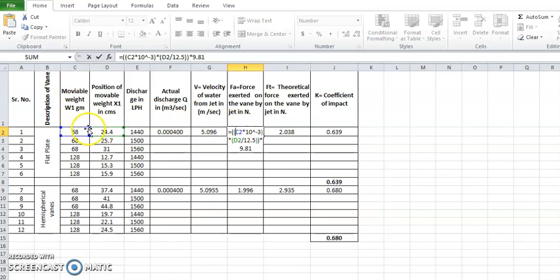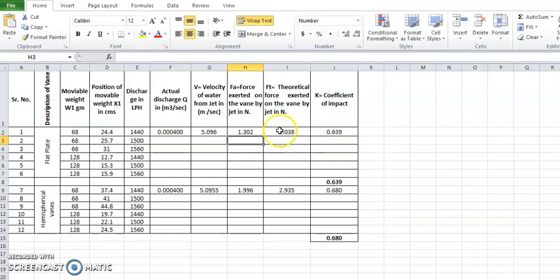In this case, since weight is given in gram, you have to first convert that into kilogram by multiplying it with 10 to the power minus 3, into movable weight distance divided by fixed plate distance. Since both of these distances are in centimeter, no need of getting converted. So with this you will be getting the value of the force in kgf. If you multiply that with 9.81, you will be getting it in terms of the Newton.